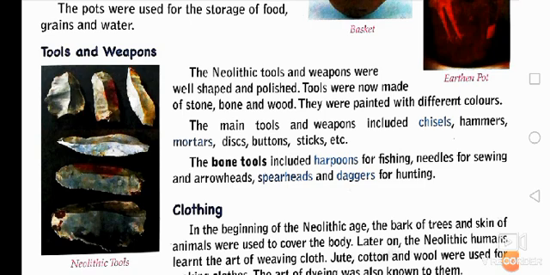It is used for catching fish. Spearhead means the tip of a weapon, and dagger means a short knife with a pointed and edged blade.